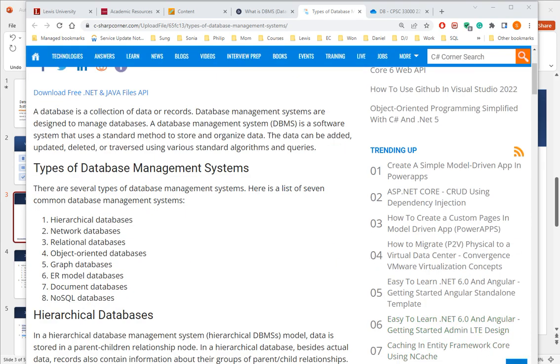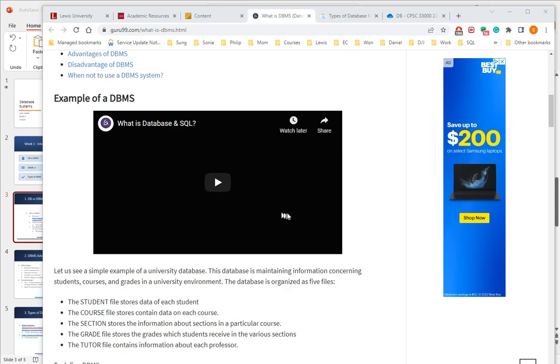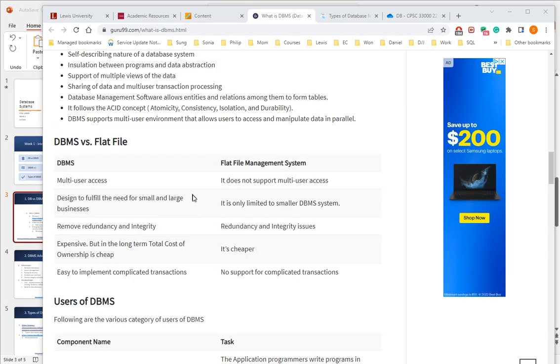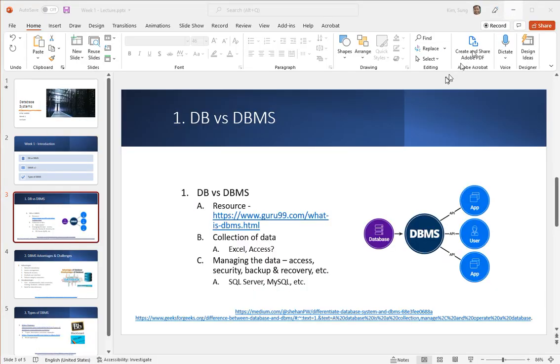And hold on, let me bring the other one. Actually, it's this one. This one gives you a broad description of what a database management system is, some examples, some history, some characteristics, and one way of distinguishing between database management system and flat files and users. So that's pretty helpful. You can read that.